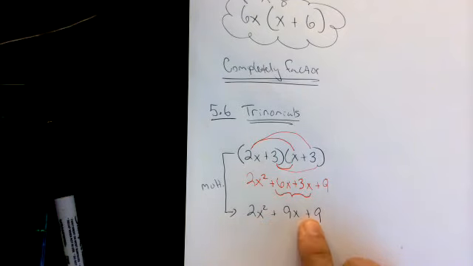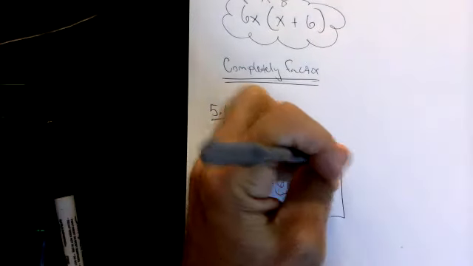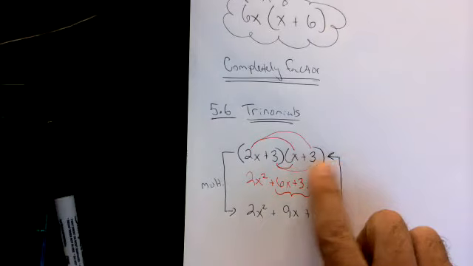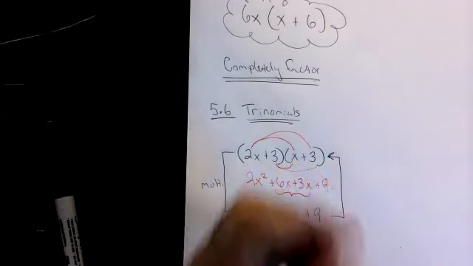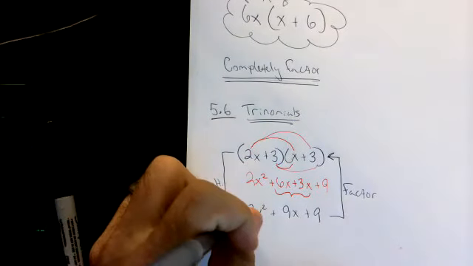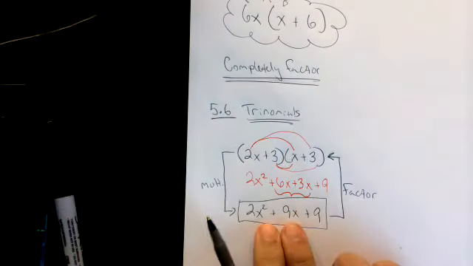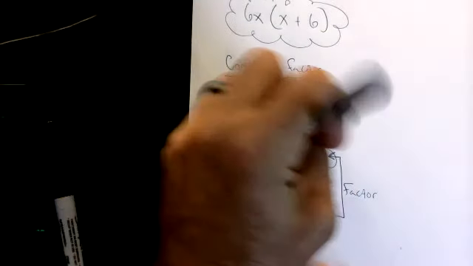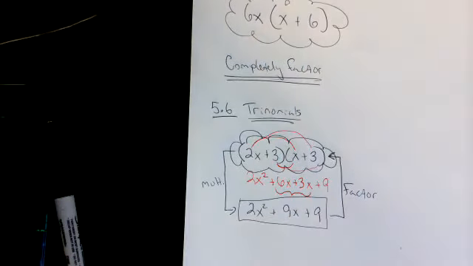Like I said, tonight in 5.6, we're actually going to work that backwards. So you're going to start with the trinomial and you're going to end up with the sets of parentheses. So we're going to, again, factor. We're going to take this 2x squared plus 9x plus 9 and we're going to break it up, and we're going to learn how to make it equal this.